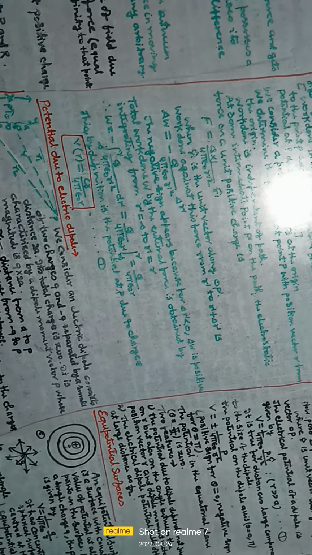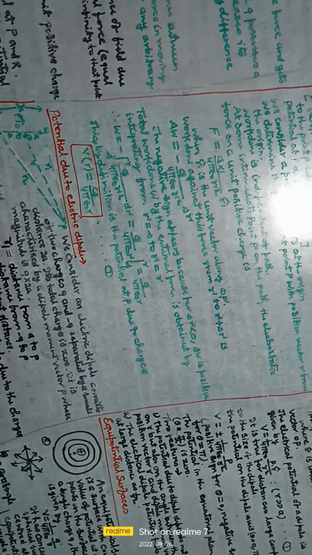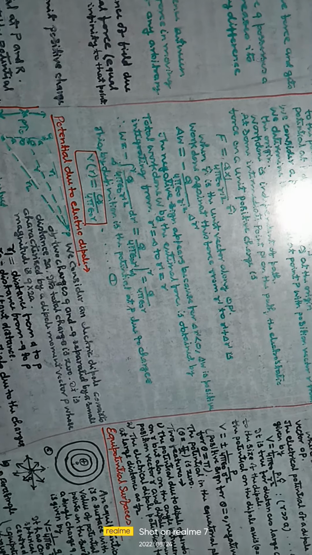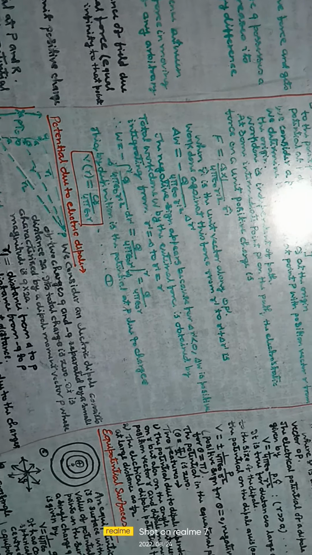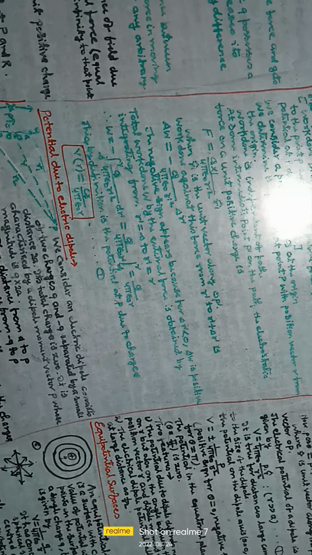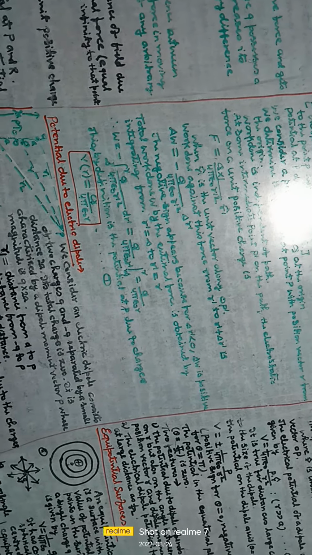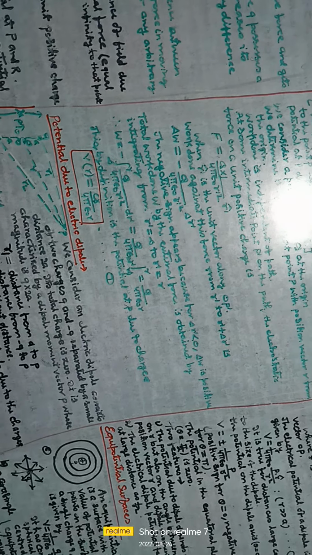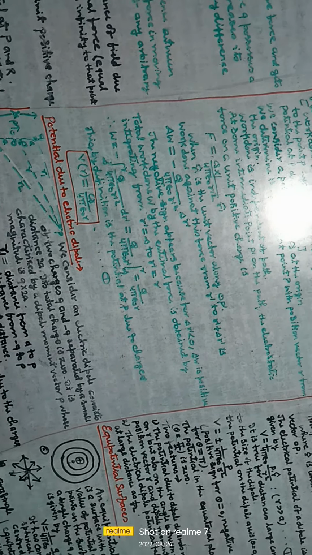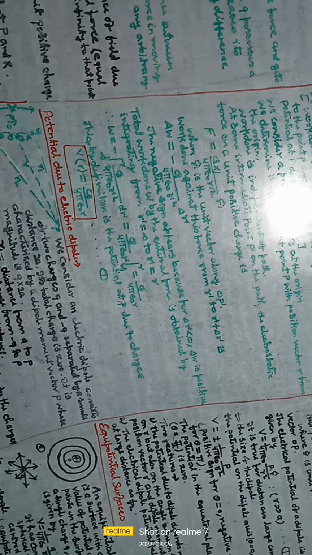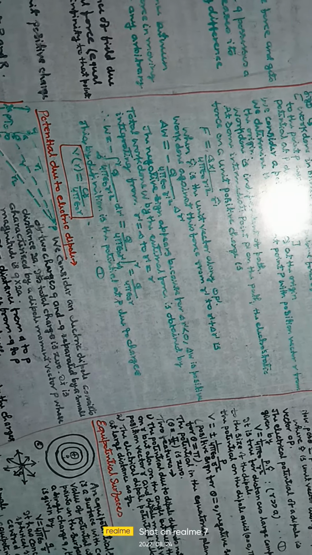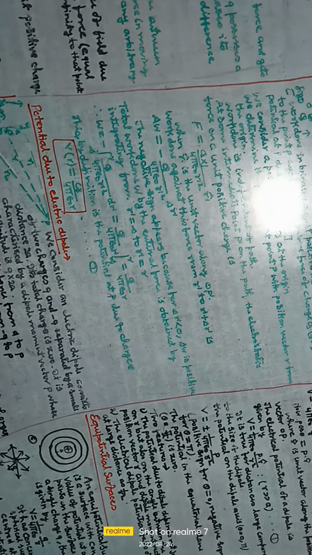Potential due to an electric dipole, as shown in the figure. The charge Q and charge minus Q are separated by a distance 2a, and a point P is taken. r1 is the distance from Q to P, r2 is the distance from minus Q to P, and r is the resultant distance.